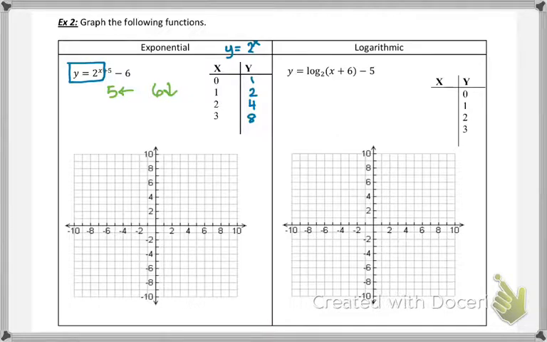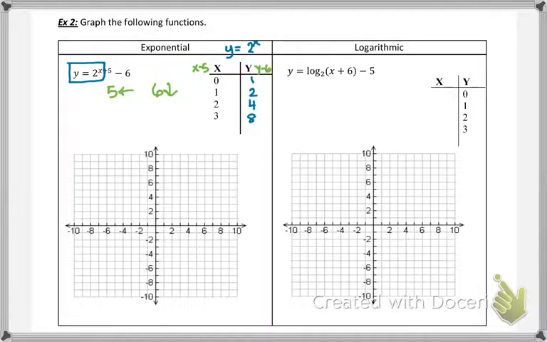So you're going to subtract 5 from the x's because we're moving to the left 5, and then you're going to subtract 6 from the y's. So x minus 5, y minus 6.